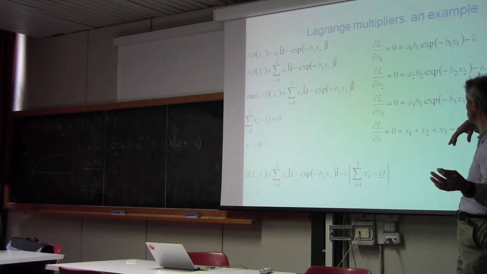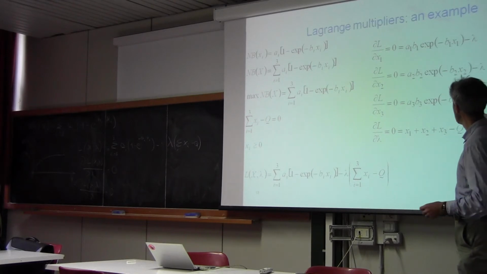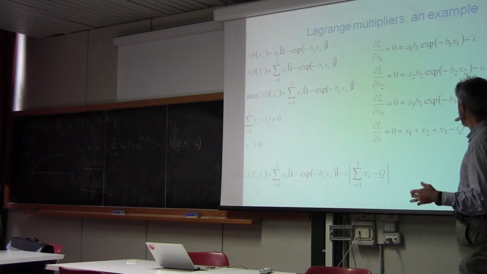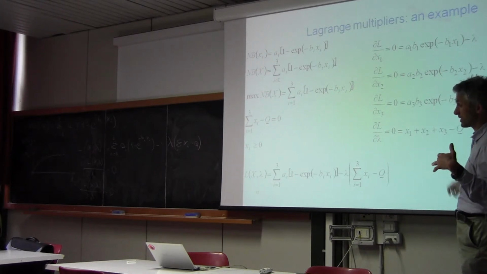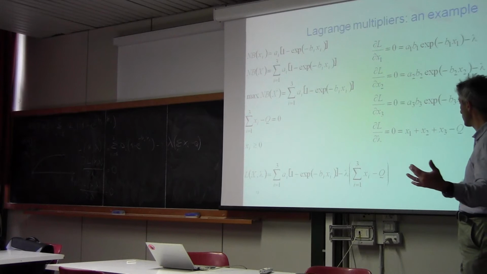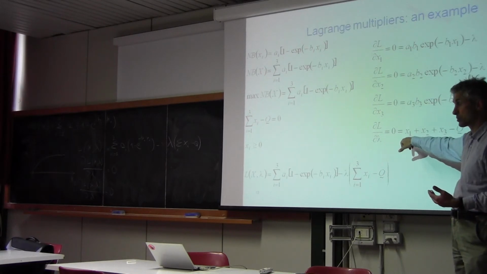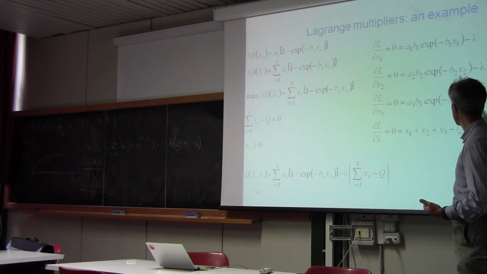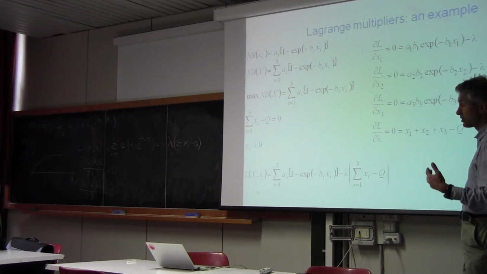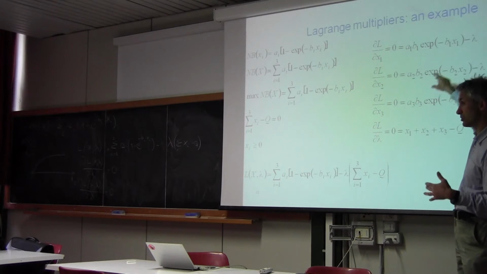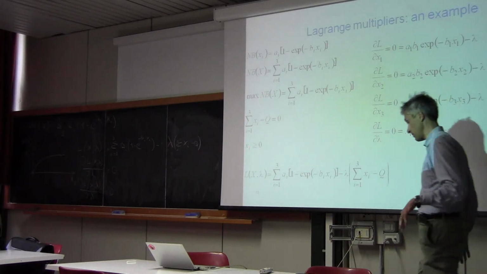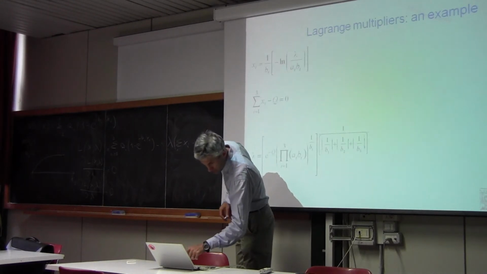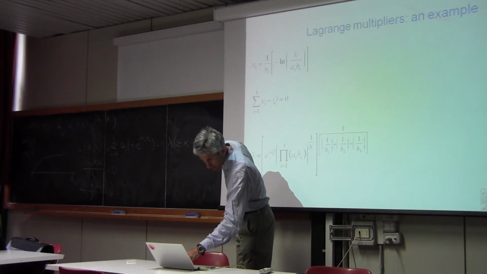I'm not showing you the details, but it's very easy to express this relationship in a way that gives you the x_i's. Then you can substitute the values of x1, x2, x3 here and find the value of lambda. And once you know lambda, you go back to this equation and compute the x_i's. I'm not going into the details, which are presented here. You get here the final solution.